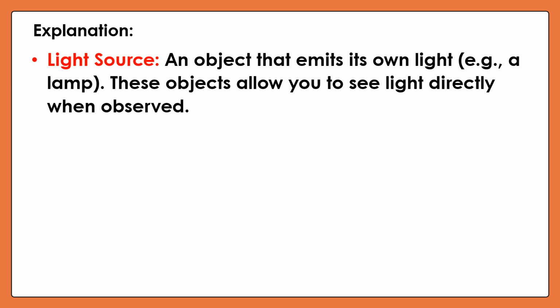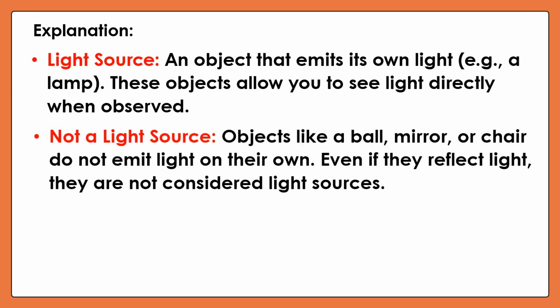Explanation. Light source, an object that emits its own light. Example, a lamp. These objects allow you to see light directly when observed. Not a light source. Objects like a ball, mirror, or chair do not emit light on their own.